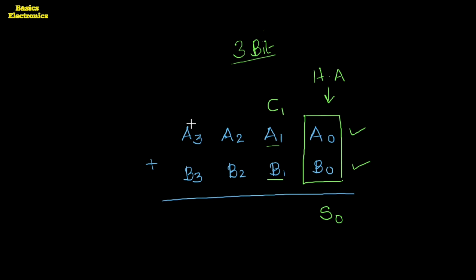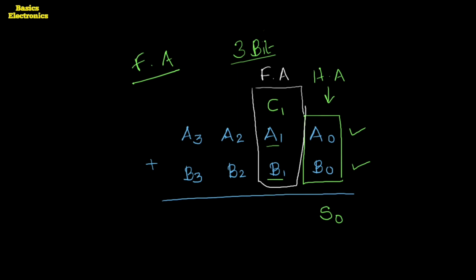The half adder is a logical circuit which performs the addition of two binary bits, and a full adder performs the addition of three binary bits. So for this column we require a full adder.